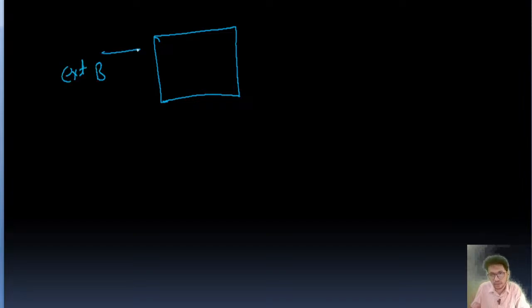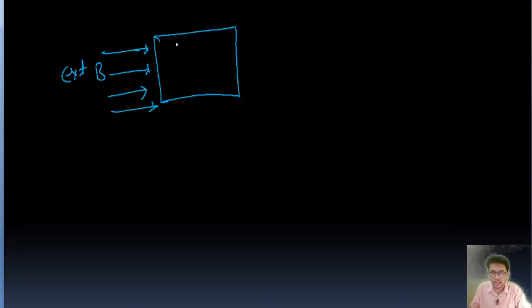I'll show you like this. This is the diamagnetic substance, and we have applied the external magnetic field like this. The direction of the magnetic field is this.